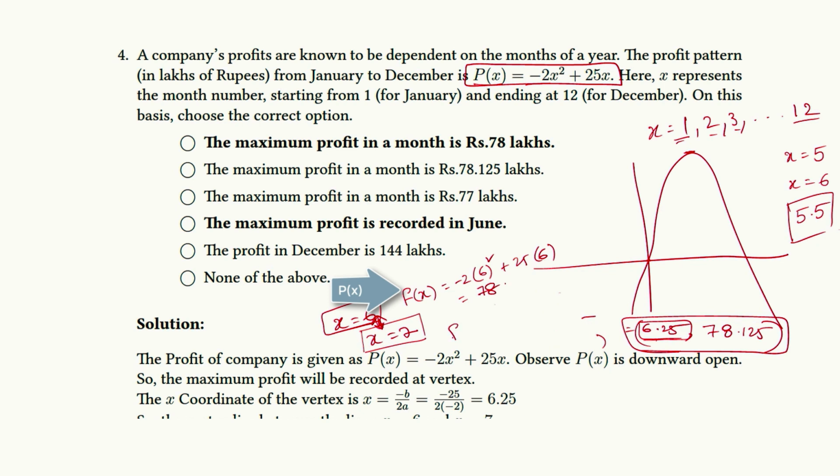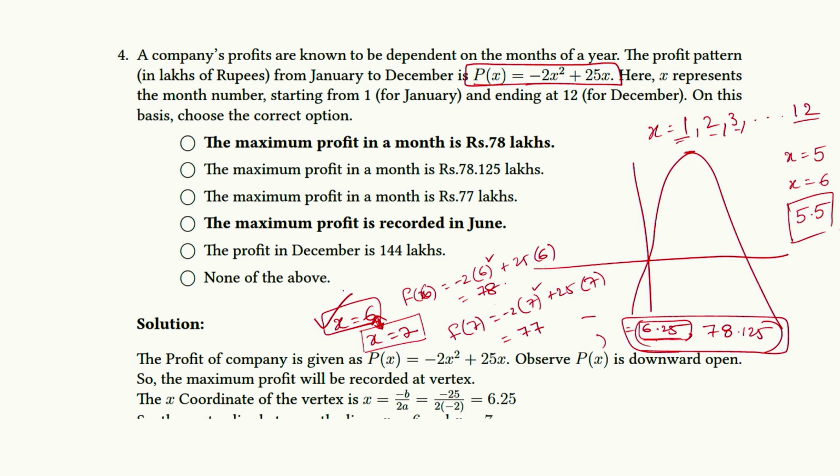Similarly, f of 7 gives me minus 2 times 7 square plus 25 times 7, which when simplified we get the value of 77. So we can conclude that the profit recorded in June is highest.